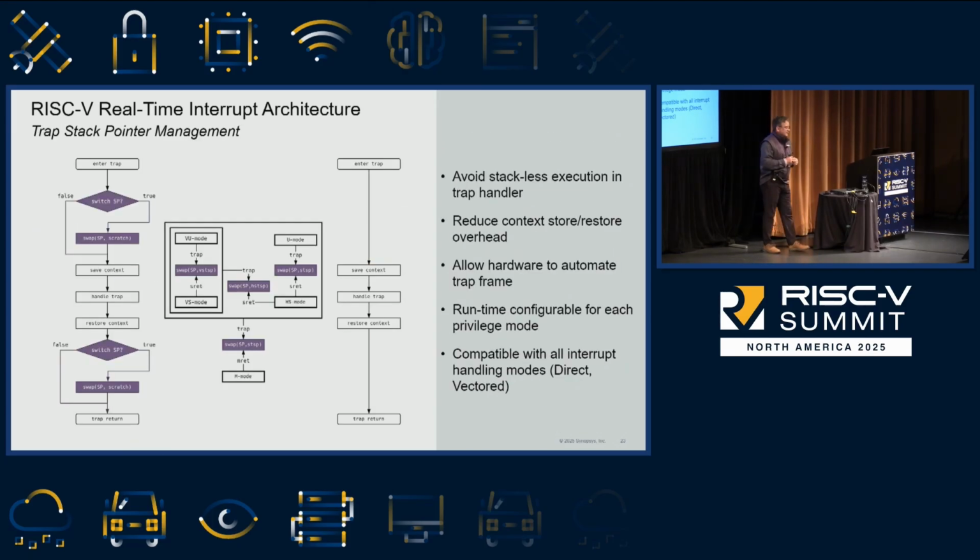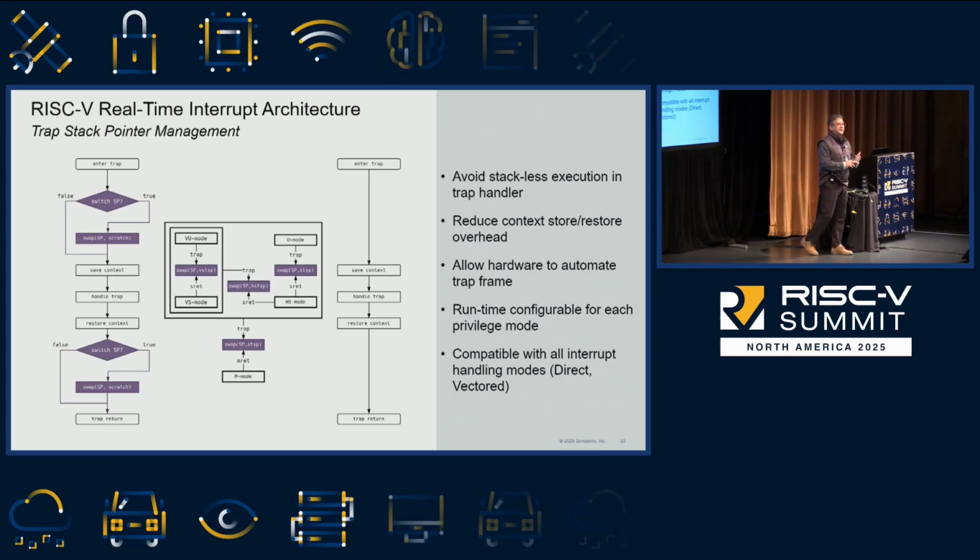Another area where we've made some recommendations is trap stack pointer management. The initial trap management was effectively stackless. By adding stack functionality within the trap architecture, you can reduce the context store and restore overhead you need to provide quick turnaround on context switching.